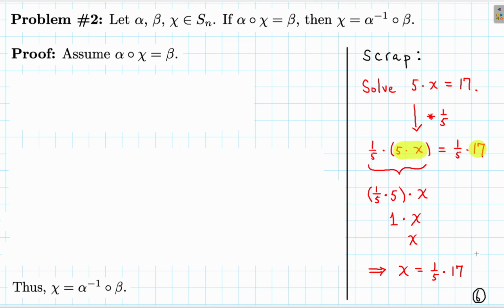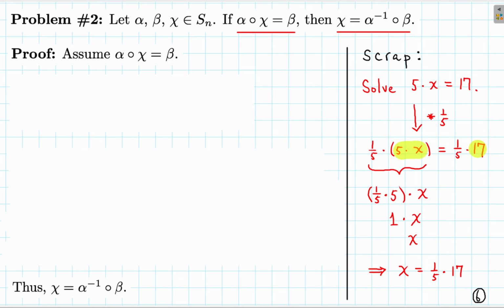And so let's apply that thinking to our proof about permutations. As usual, I'll begin by identifying the hypothesis and the conclusion. That gives us already the very first line of the proof, assume alpha composed with chi is equal to beta, and the very last line of the proof, thus the conclusion, namely chi equals alpha inverse composed with beta.